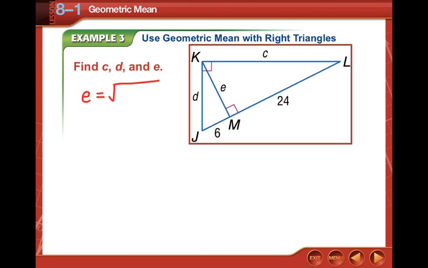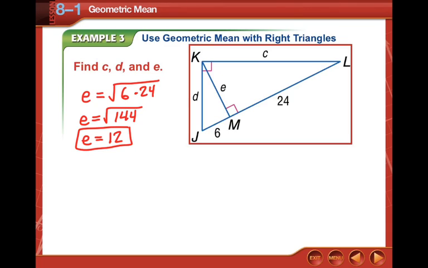E is an altitude, which means that the parts it splits the hypotenuse into go into our square root. So the square root of 6 times 24. 6 times 24 is 144, and the square root of 144 is 12.